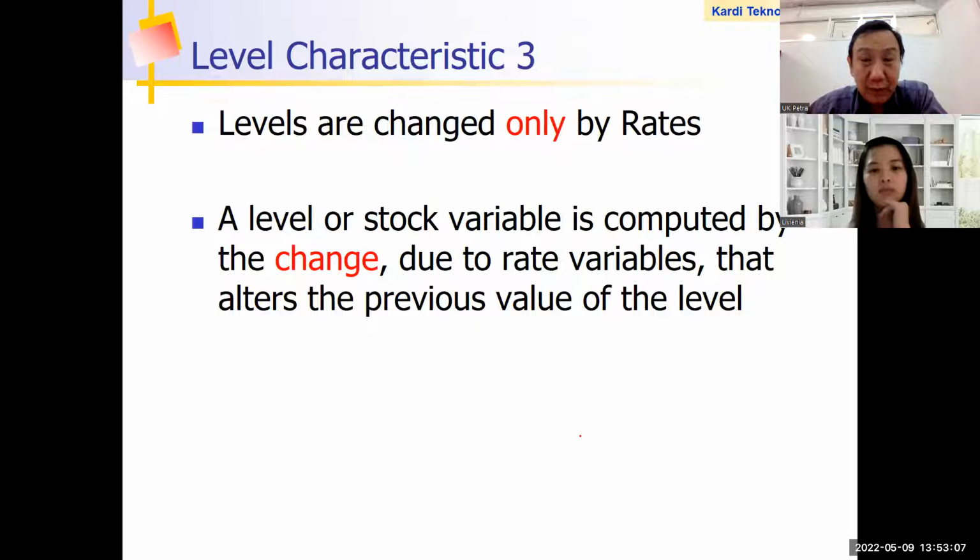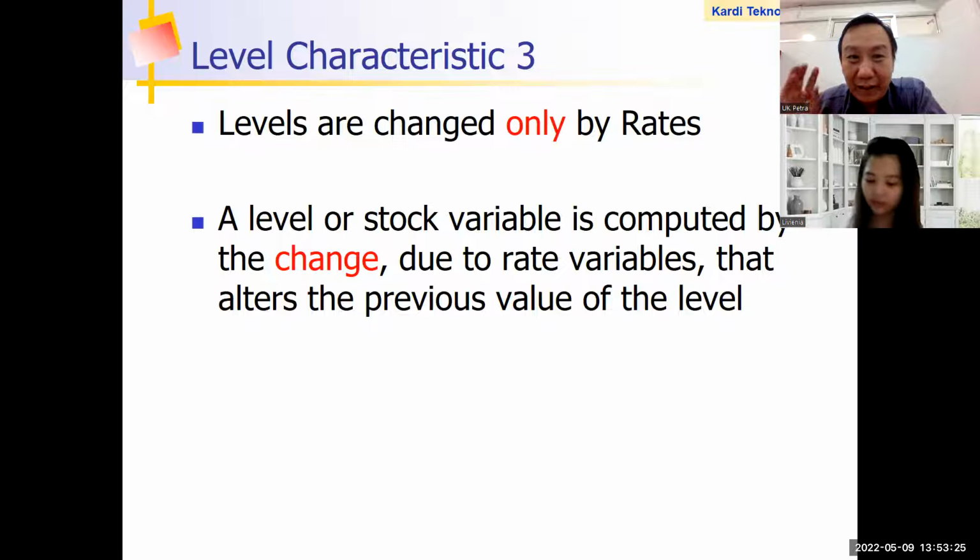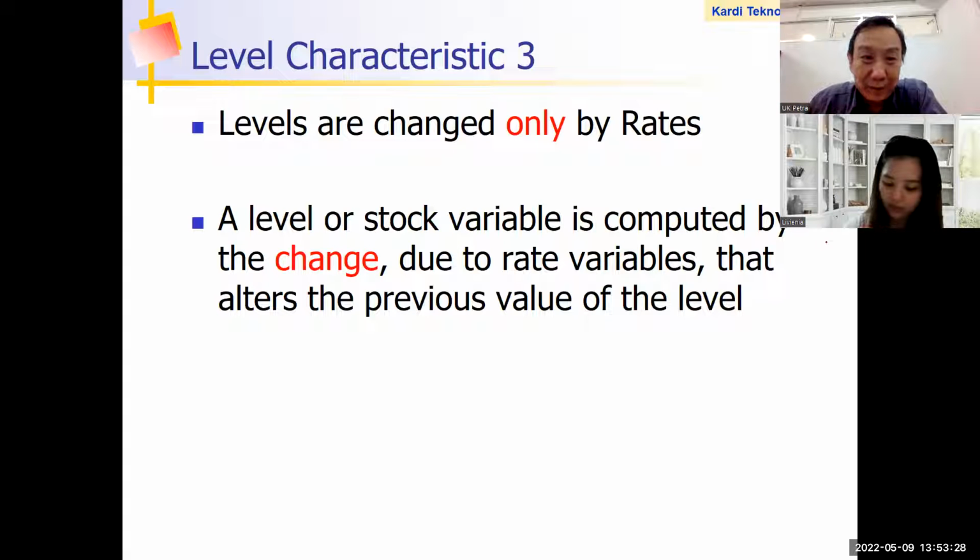Now this is an important thing: level can only be changed by rate. Level cannot change another level. You cannot change a level with another level. So a level is computed by the change due to the rate variable. The level will alter the previous value of the level, right?